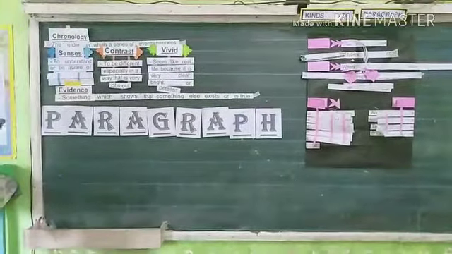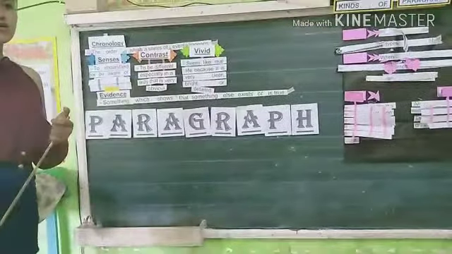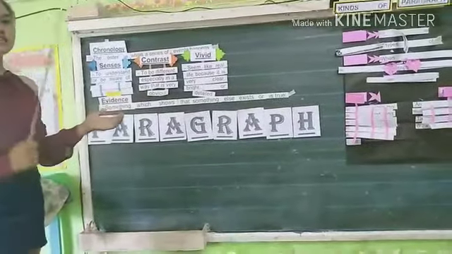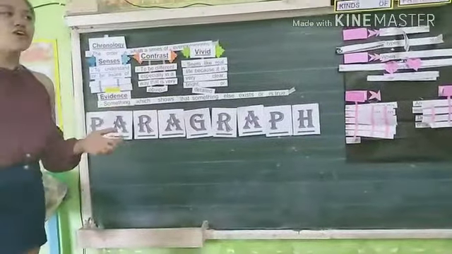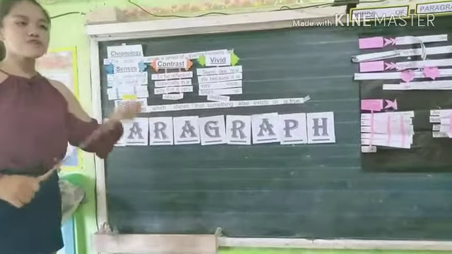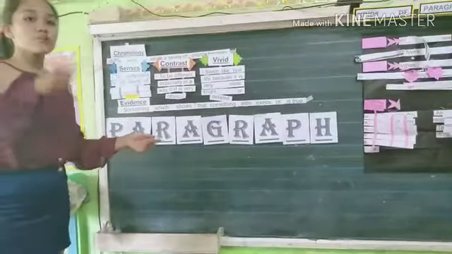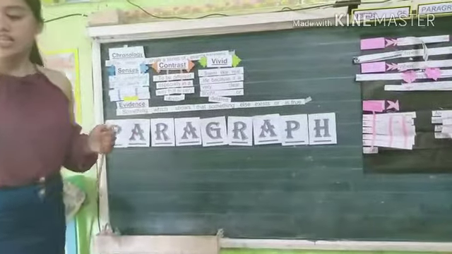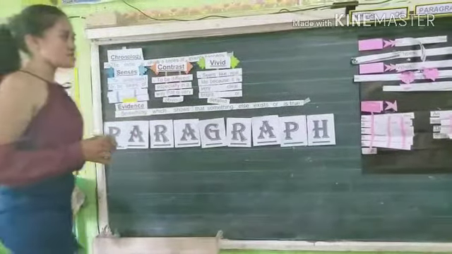Like in criminology, attorneys give evidences, or a politician gives certain examples or evidences that they could lead better than the other candidates. So now let us move on to the kinds of paragraph.